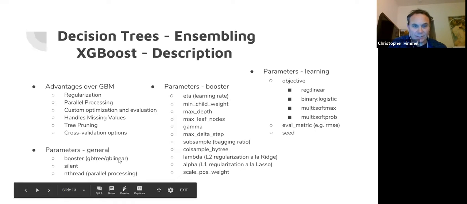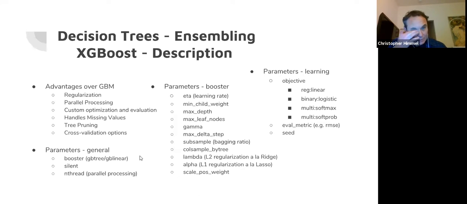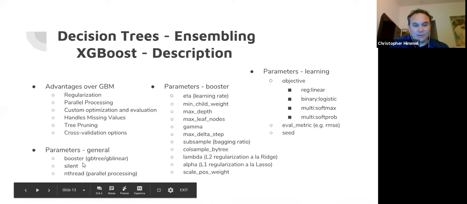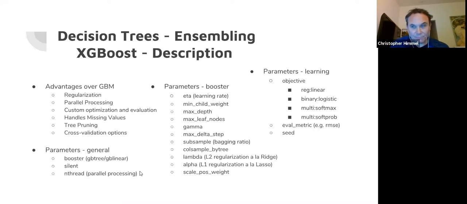So you set it to either this one or this one. And usually people use the tree rather than a linear model. Silent, yes or no, this is similar to verbose, but the opposite. Here you can set it to the number of threads that you want to use, or it can just do the default, which would mean all of them, as many as it can.